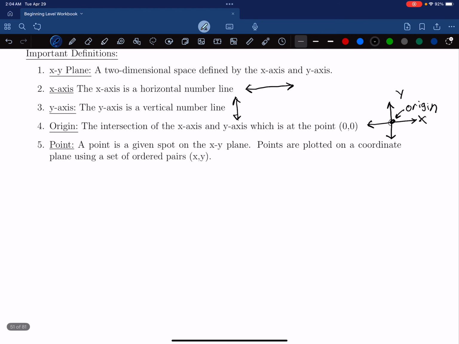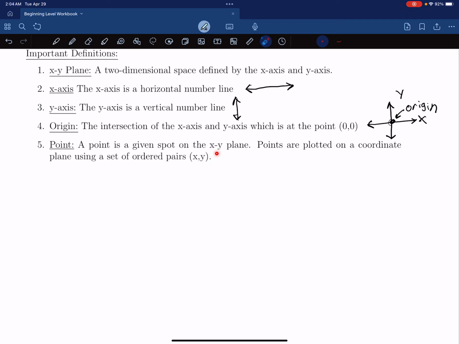And then last but not least, because we have the point 0, 0, I also want to bring up the idea of a point on the coordinate grid or a point on the XY plane. A point is just a given spot on this particular plane. And points are plotted by using the set of ordered pairs x, comma, y.